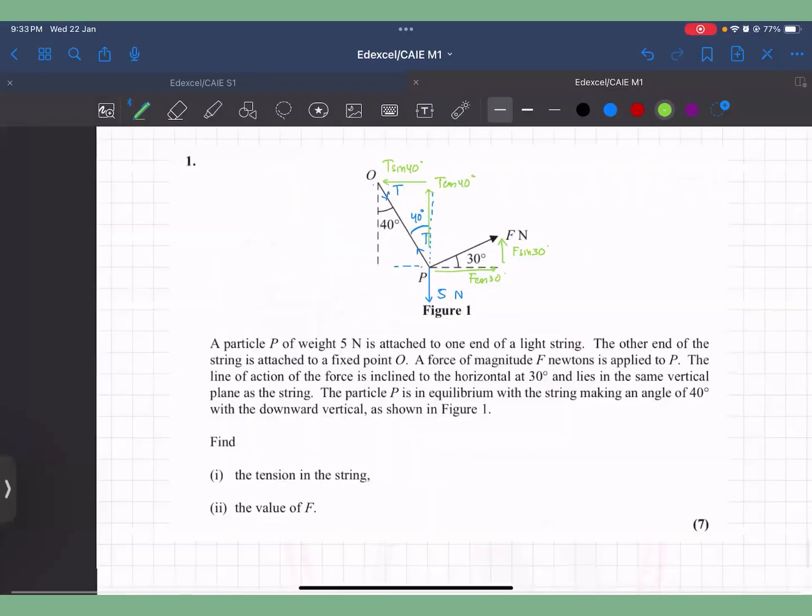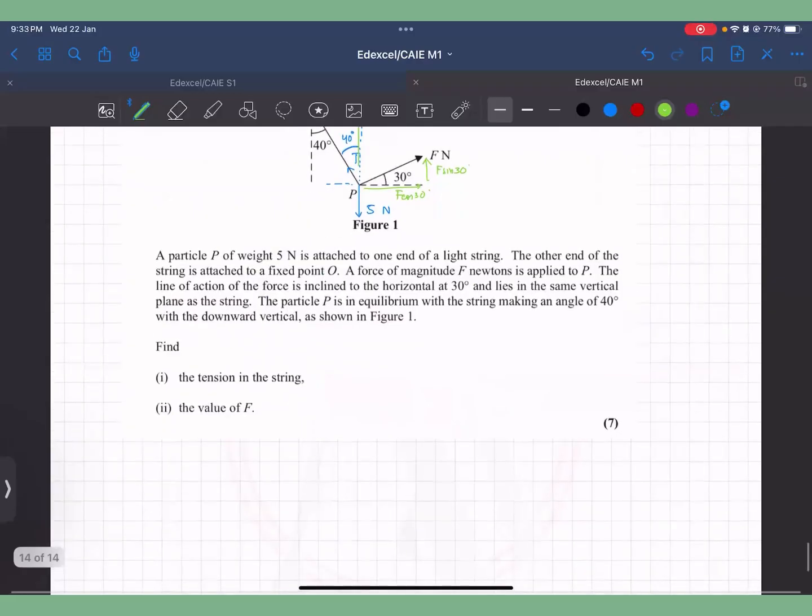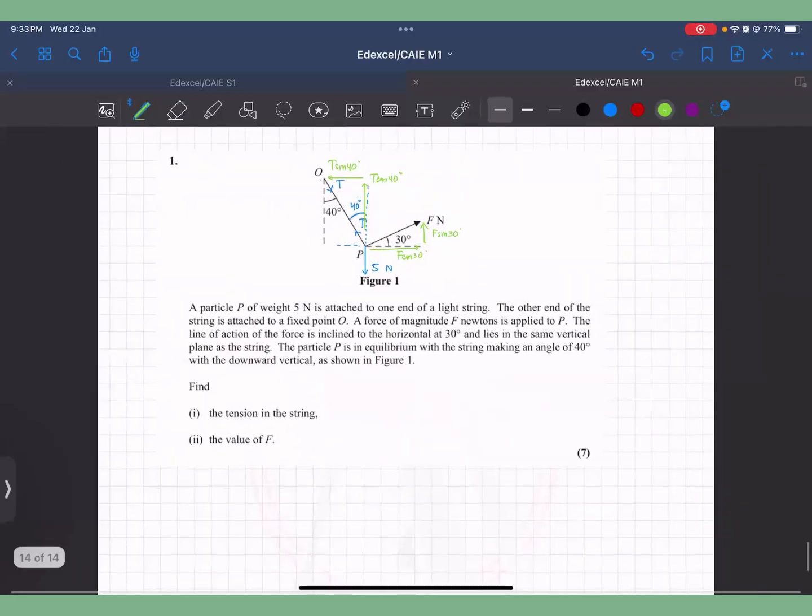Now you form the equations. Find the tension in the string and find the value of F. We will form two equations. Vertically you have T cos 40 upwards plus F sin 30, this is also upwards, is equal to downward you have 5 only. And then on the right side you have F cos 30 and on the left side you have T sin 40.